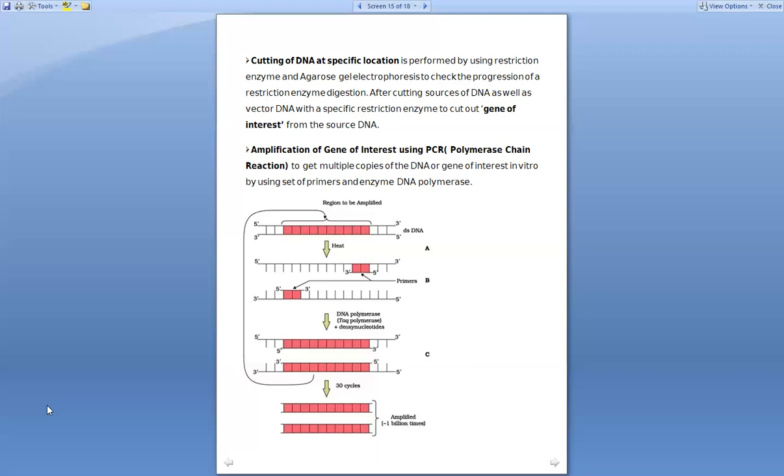Now, once the two of them are cut with the same restriction enzyme, after that the ligation is carried out where the gene of interest is incorporated inside the vector DNA. So now we have a vector DNA which contains the gene of interest, and this is known as the recombinant DNA.